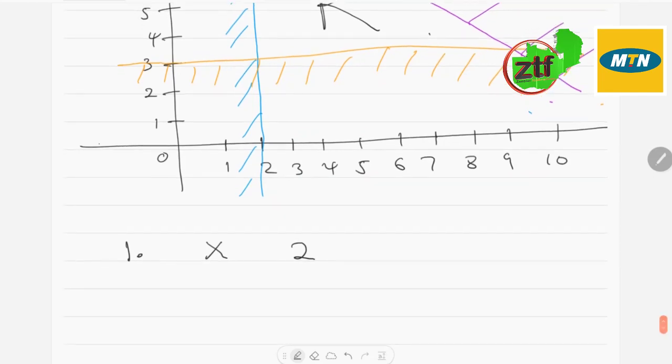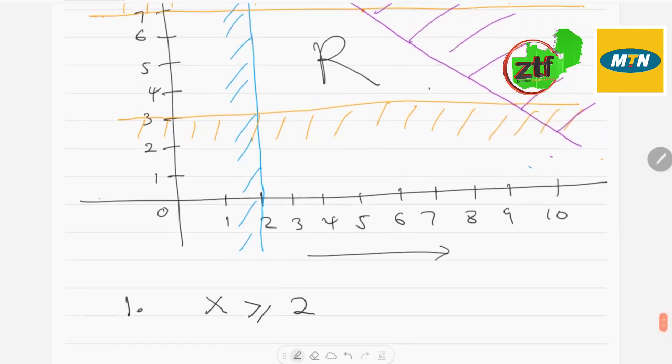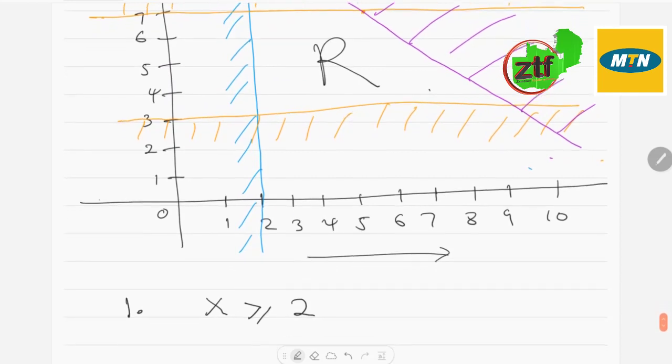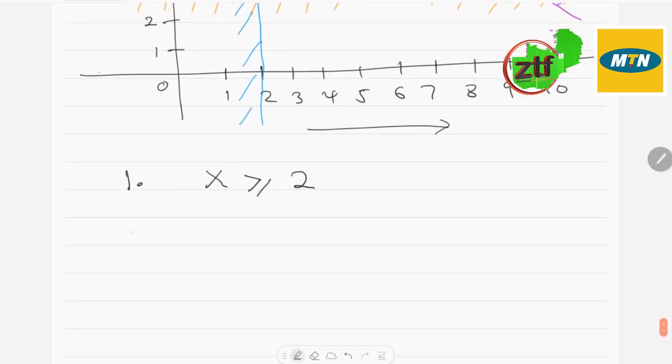So those values that are on the right side of 2, you will see that those are greater than 2. But since the line is bold, then we use the inequality symbol greater or equal to. So going this side in the x-axis, we are looking for the values that are greater or equal to 2. So 2 is part of the solution, and we can see that the line is bold. So that is our first constraint.